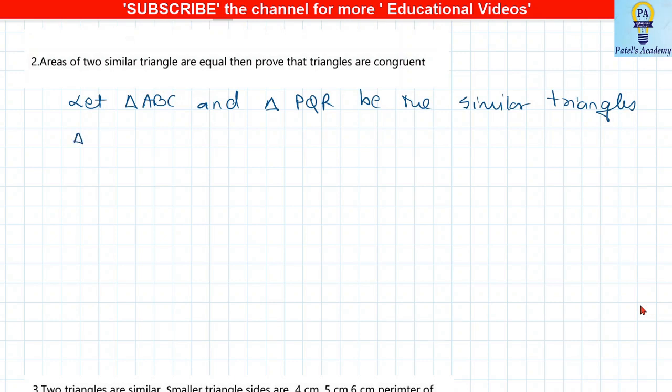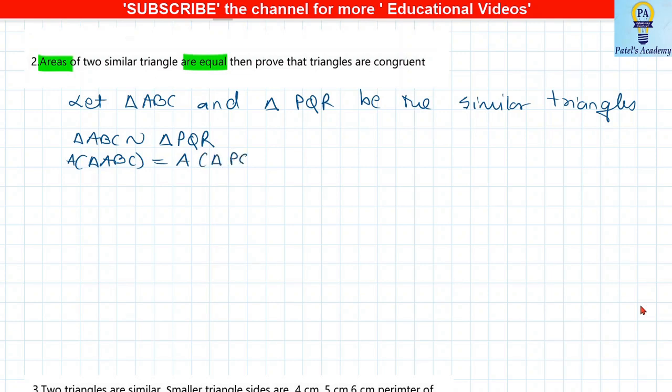Okay, so I will say that triangle ABC is similar to triangle PQR. Okay, and they have given one more important thing, the areas are equal. So what we'll write down, area of triangle ABC is equal to area of triangle PQR. Okay, I'll mark this as one given.